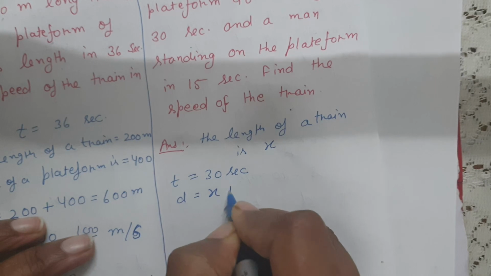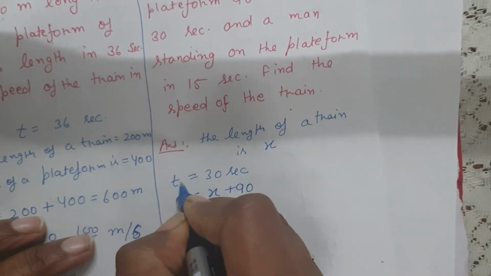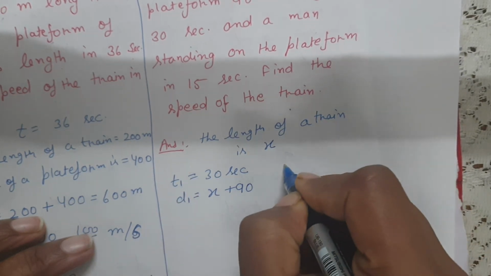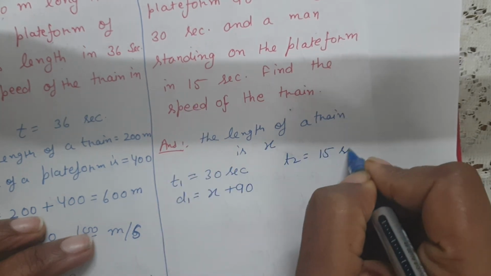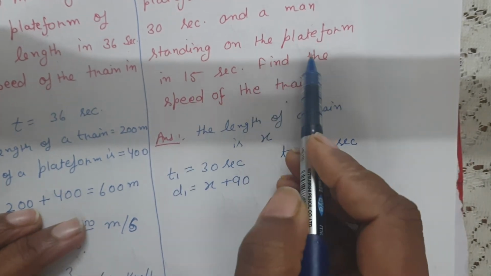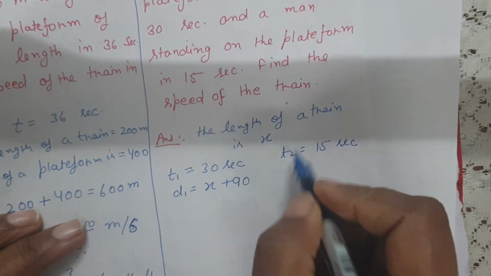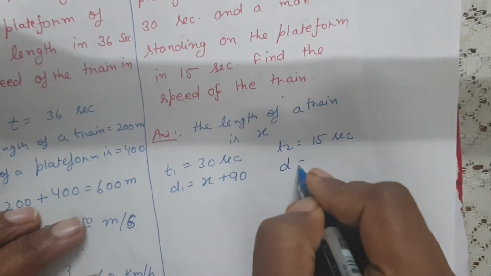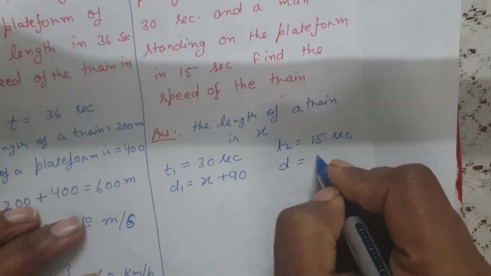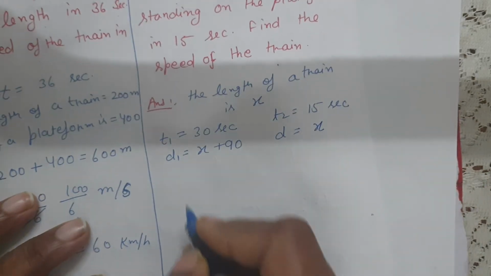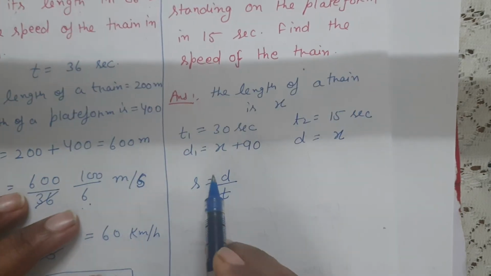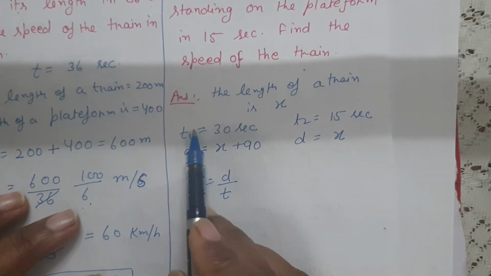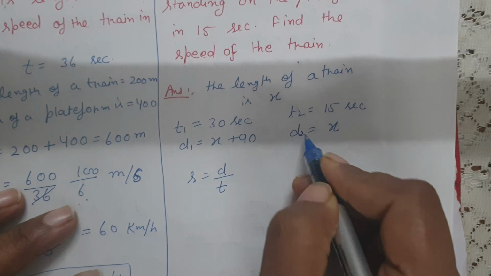So x plus 90, t1 and d1. And now the second time is 15 seconds, and because the train is crossing a man, the distance is equal to the length of the train. So the distance is x, and we know s equals d upon t.